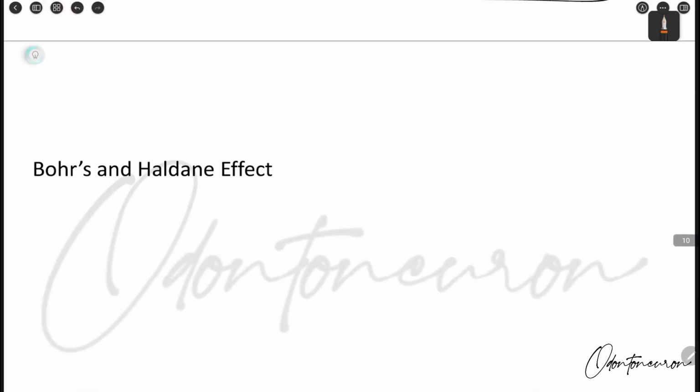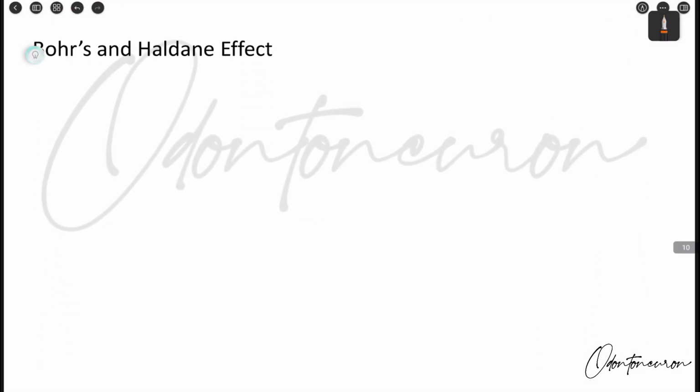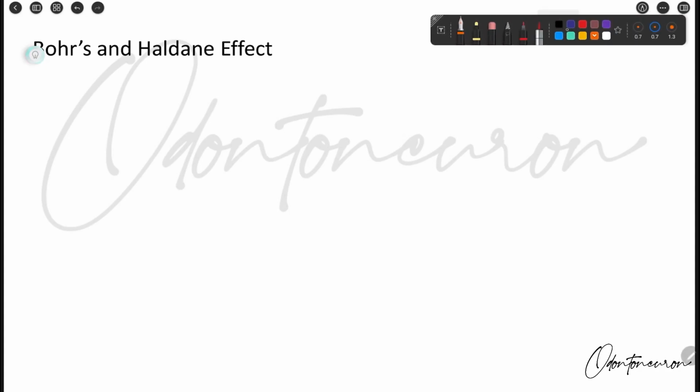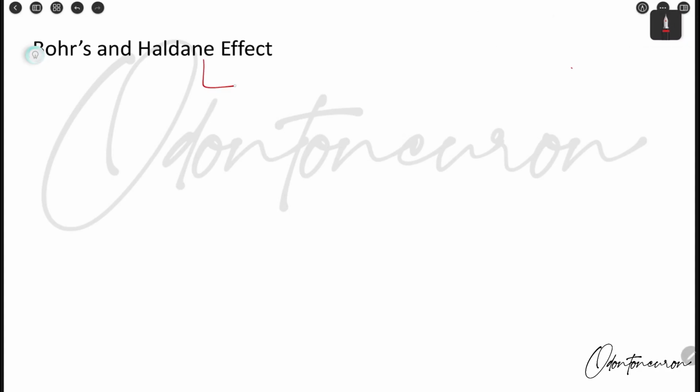Clear? And what is the Bohr and Haldane effect? This is such a beautiful concept. I'll say a mnemonic at the end, but as of now, we'll see what Haldane's and Bohr effect are. When it comes to the concept of Haldane's effect, it occurs basically in the lung, that is in the alveoli of the lung.